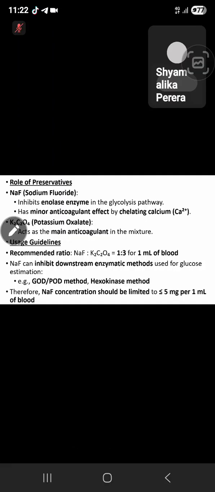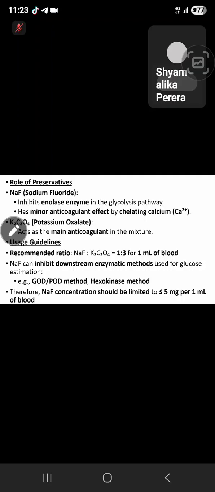But most of the sugar tubes we receive contain sodium fluoride only, because sodium fluoride can act as a glycolysis enzyme inhibitor as well as an anticoagulant at the same time. But you can't use sodium fluoride excessively. There is a recommended ratio for sodium fluoride and potassium oxalate, 1:3: 1 part of sodium fluoride to 3 parts of potassium oxalate per 1 ml of blood.